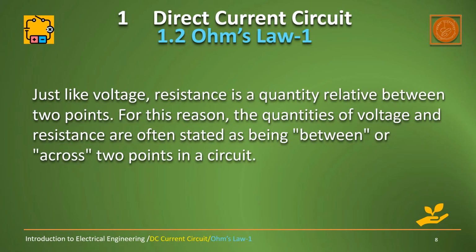Just like voltage, resistance is a quantity relative between 2 points. For this reason, the quantities of voltage and resistance are often stated as being between or across 2 points in a circuit.